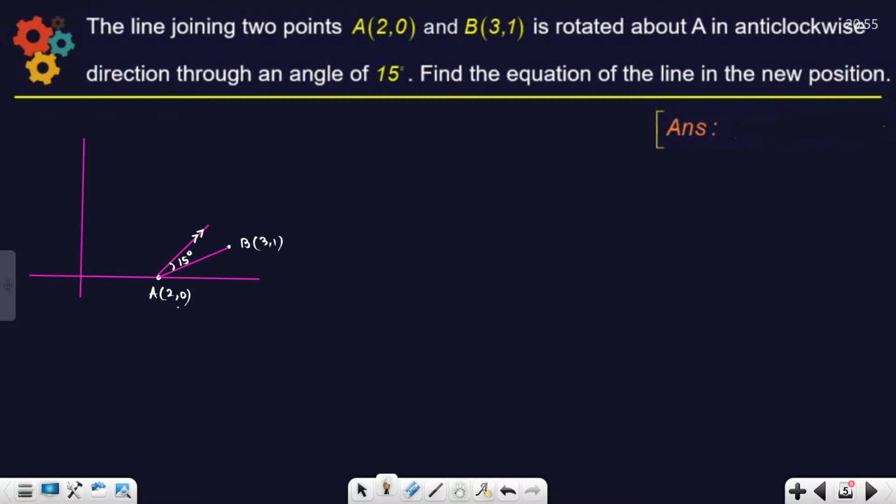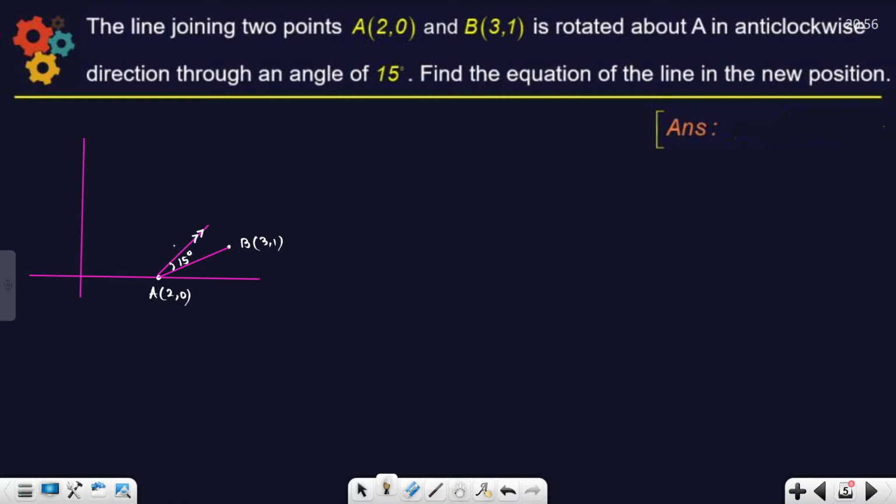Okay. So one thing you can do, as I told you, is that we need two things. One is the point through which the straight line is passing, and number two, its slope. You can find the slope of AB by using the two-point formula, (y2 minus y1) by (x2 minus x1).